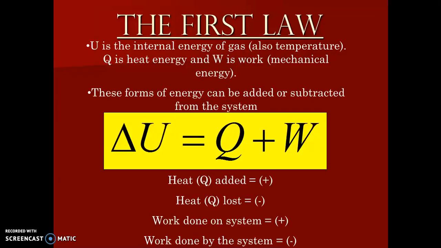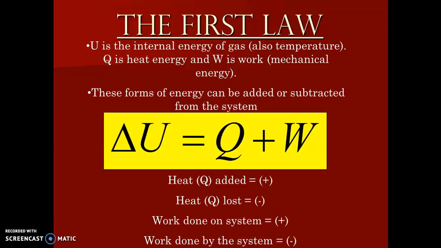So we can actually affect the temperature of a gas in two different ways, by either exchanging heat or exchanging work. If we are removing energy from the system, that could be in the form of heat loss, which would make this Q negative, or the actual gas doing work on its surroundings.